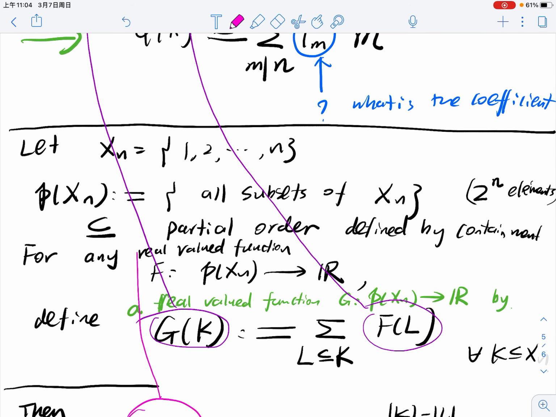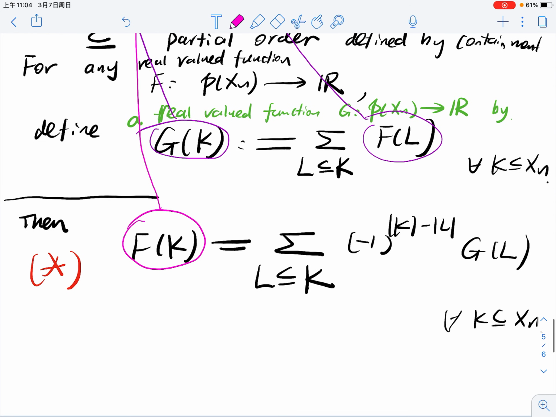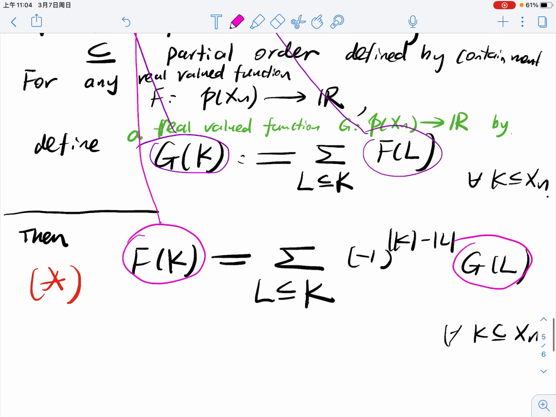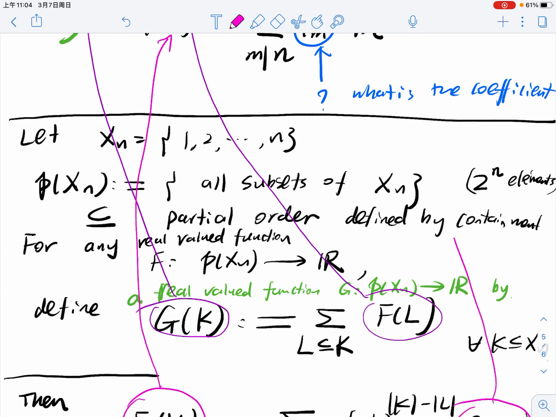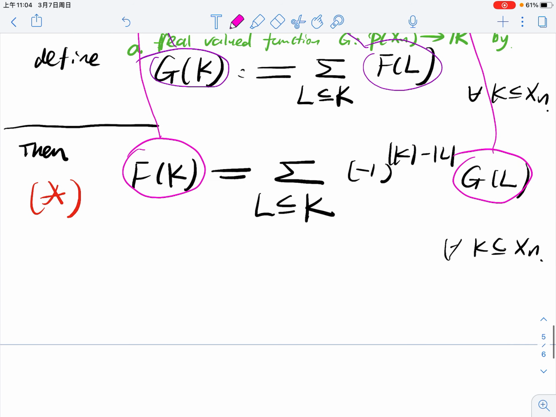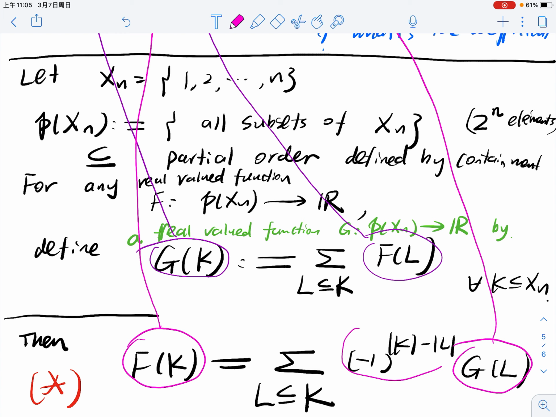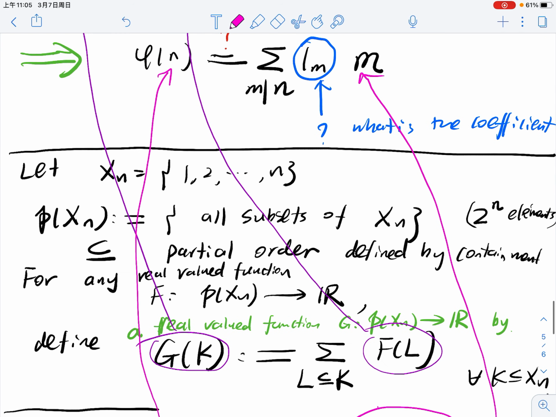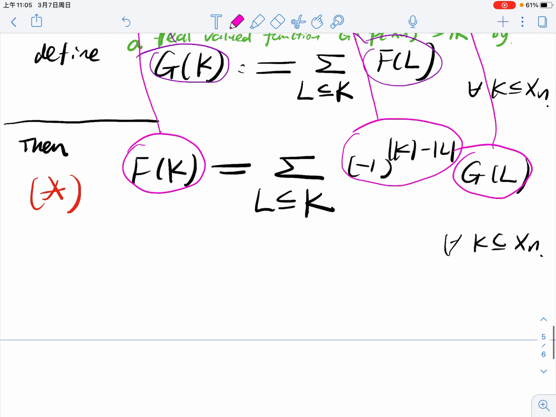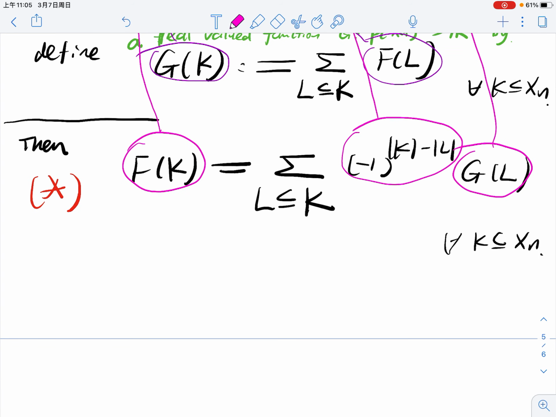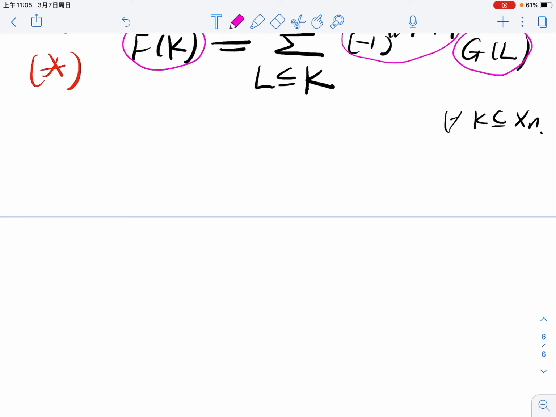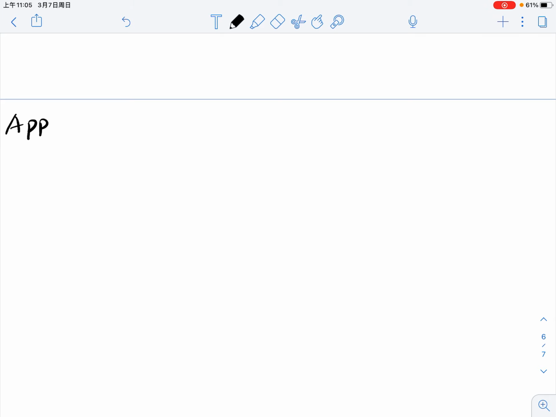So the result tells you that, yes, we can do this in this situation. So F, just like here, can be written in this way. And what is the coefficient? So the coefficient, in this case, is just 1 or -1, depending on the parity of the difference of cardinalities. Okay, and we first give some application.